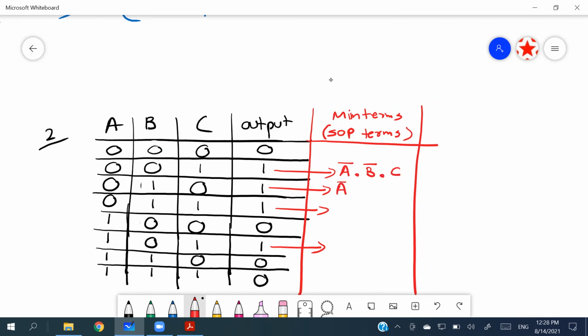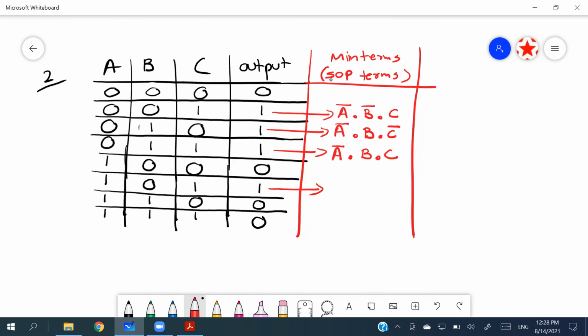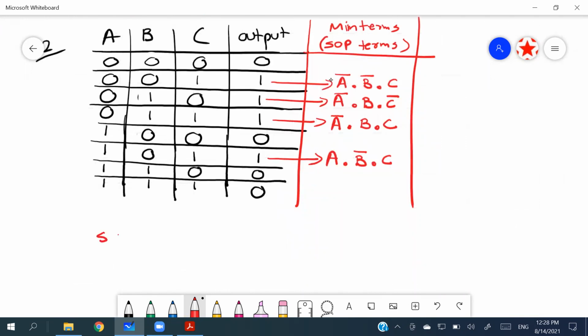That means A bar dot B dot C bar. Next one is 0, 1, 1. That means A bar dot B dot C. Last one is 1, 0, 1. That means A dot B bar dot C. Right? So it is easy to write the SOP.